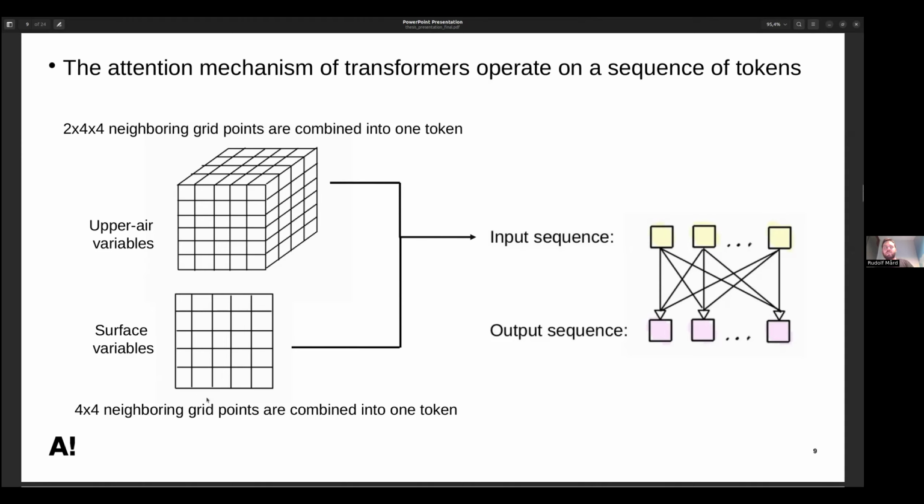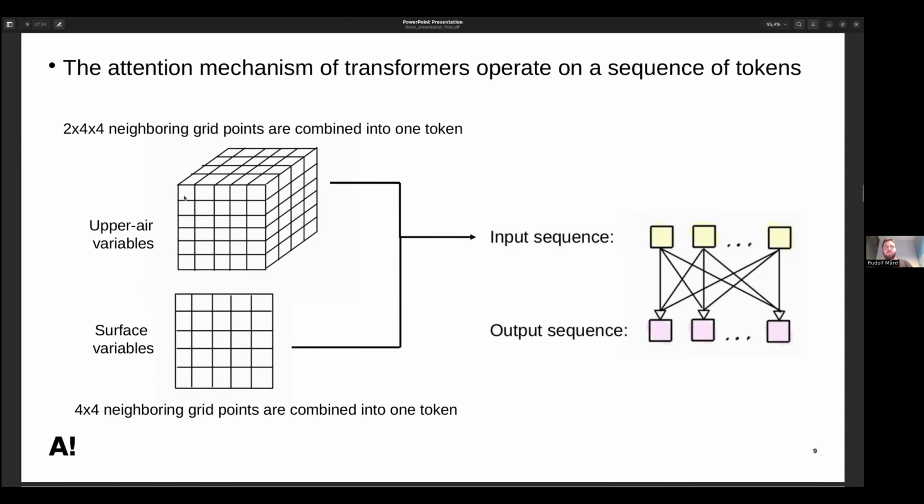And the surface variables are the two-dimensional longitude-latitude grid with the corresponding variables. On the right side, we have an illustration of the attention mechanism, which operates on a sequence of tokens. So we need to convert these two inputs to tokens that can be processed by the attention mechanism. And this is done with the first layer of the model called patch embedding.